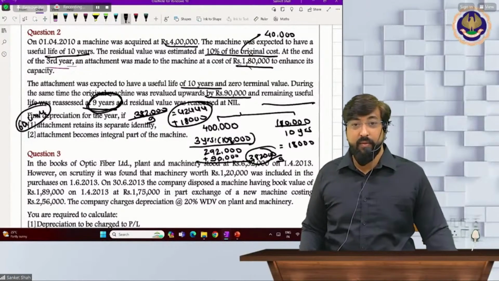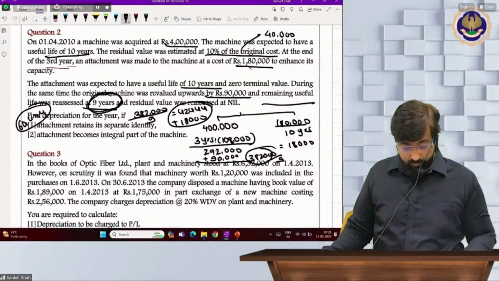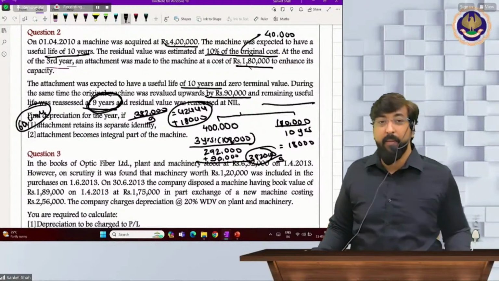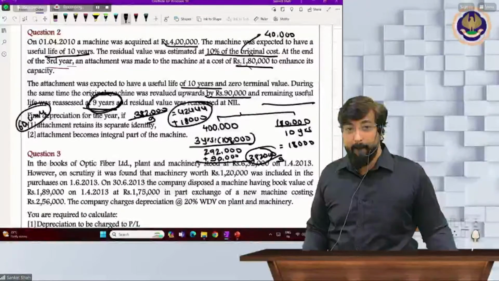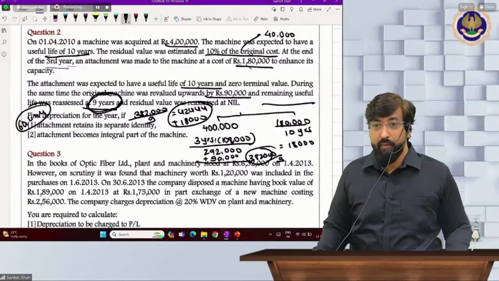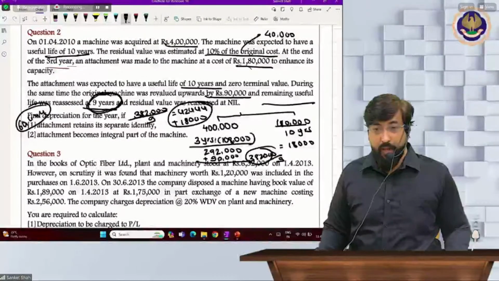Yes. Remaining useful life. 3,82,000 divided by 9 years. Any difficulty in this? No.